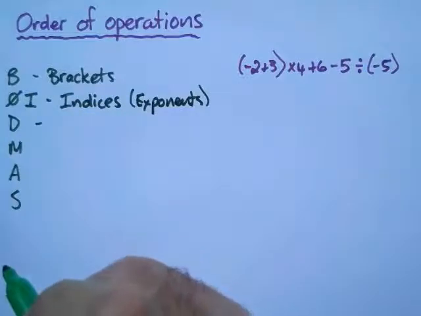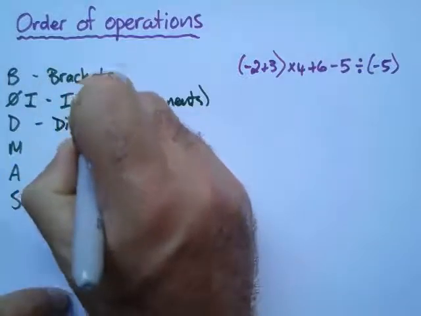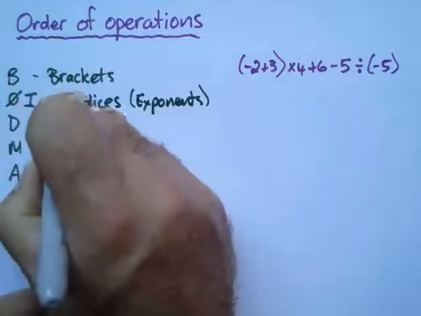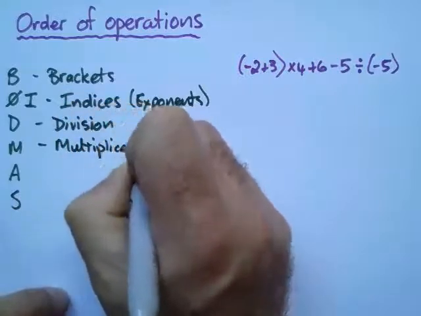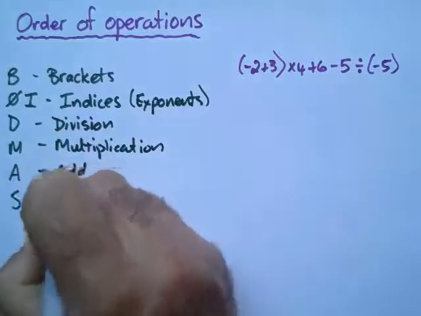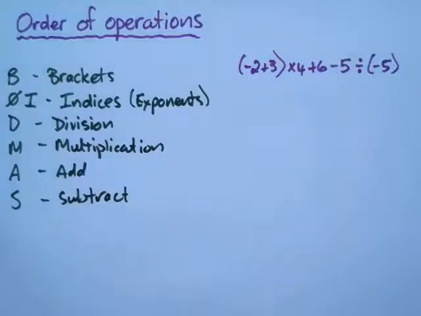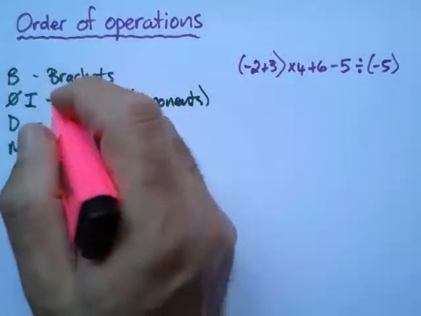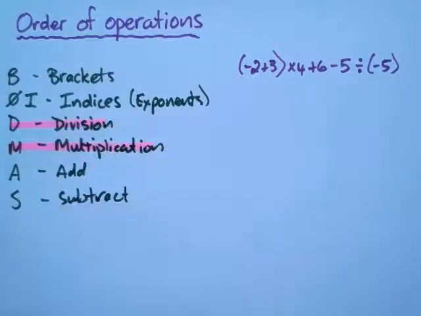D is for division. M for multiplication. A for addition. S for subtraction. What is important for us to know is that the order is important, but these two are equally important.